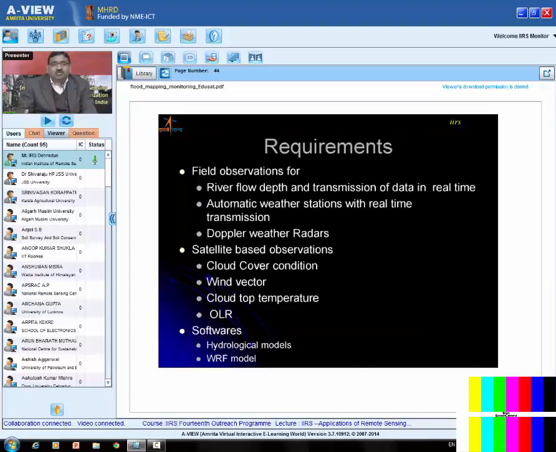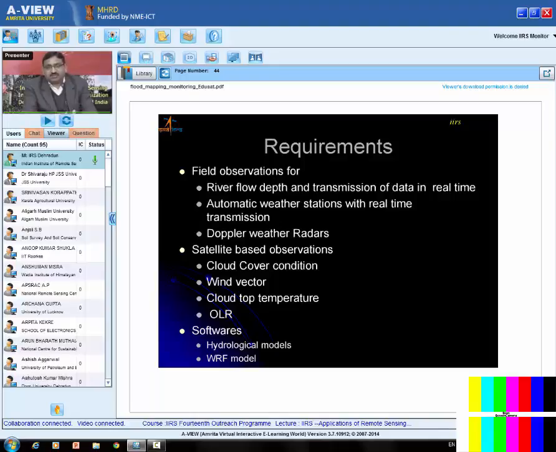So what are the requirements? The requirements of an early warning system for floods are field observations for river flow path and transmission of data in real time. There are many rain gauges and river flow depth gauges, but how to transmit the data to the server so that every minute I get this information?